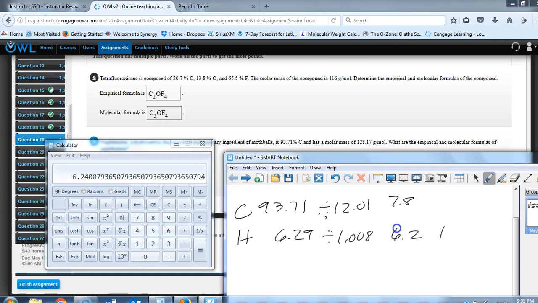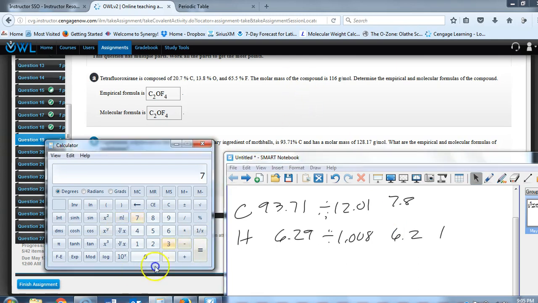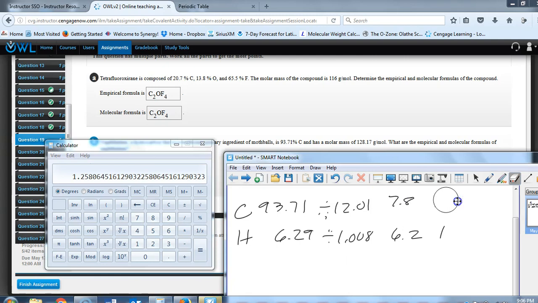So that's going to be 7.8 divided by 6.2. Does that work right? 7.8 divided by 6.2. Yeah, okay. I didn't think that was right. 1.25.